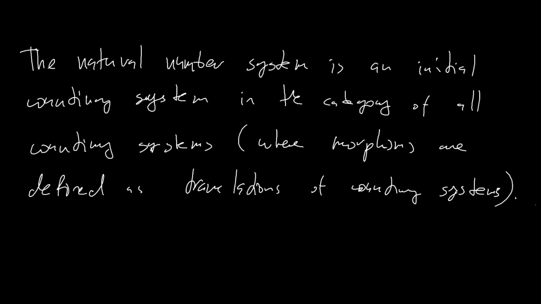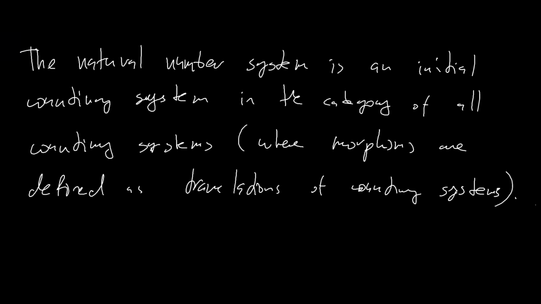And now this entire complex, beautiful set of ideas of Dedekind, which were later adopted by Peano, and today are called the Peano axioms for the natural number system, this axiomatic definition of the natural number system comes out for free as a consequence of the initiality property.